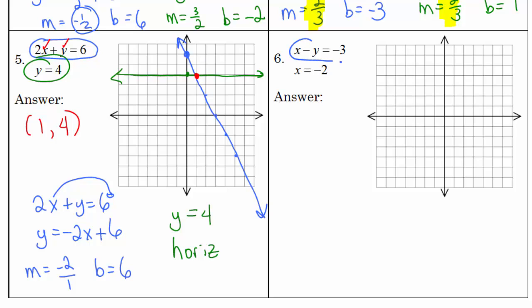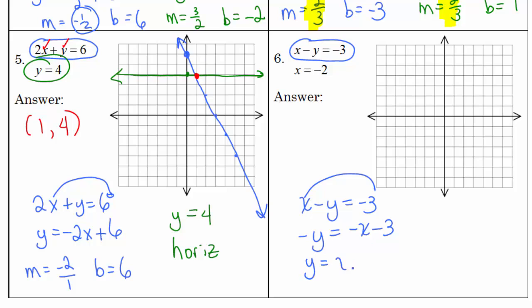So last one, I'm going to solve for y. So I'm going to move that x by subtracting it. I'm going to divide by positive 1. Oops, no, I'm going to divide by negative 1, and that's going to make all of those positive. So my slope is 1. There's a 1 in front of the x. And my b is positive 3.